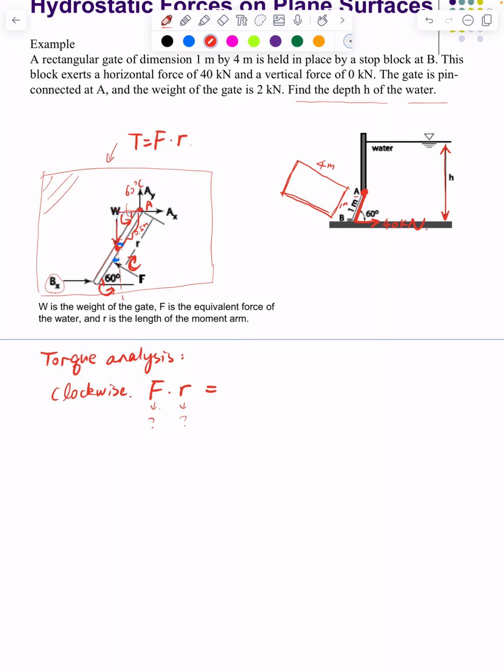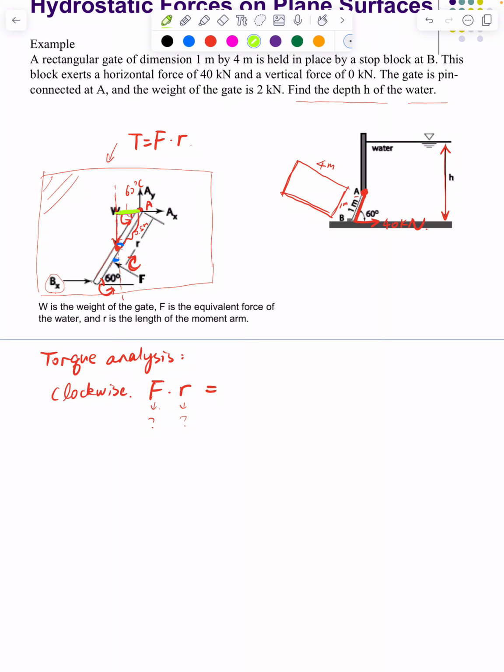So the actual effective R regarding W should be this part. Let me mark it with a different color.